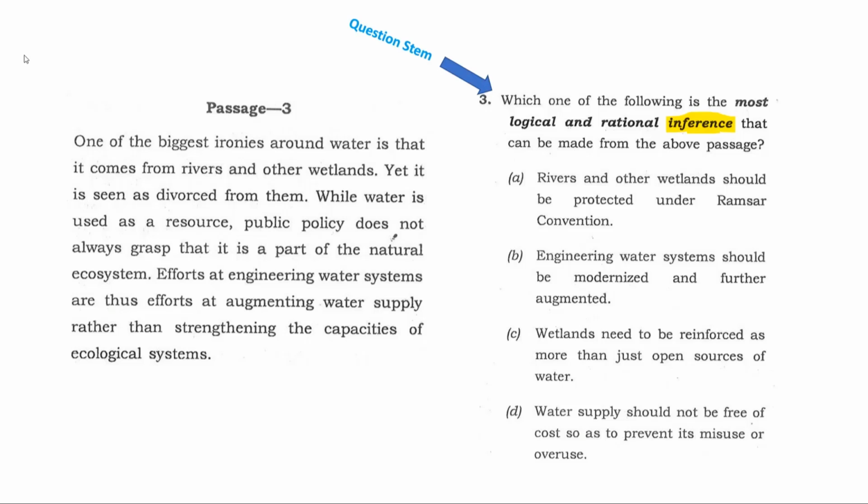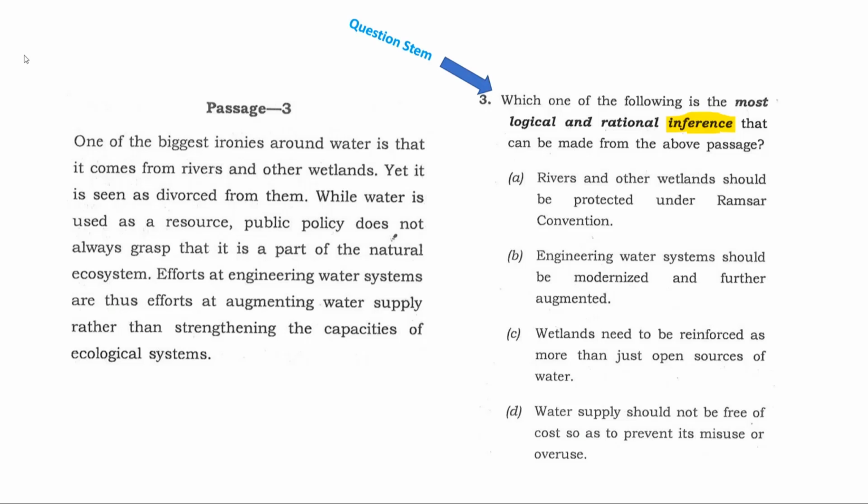Here the word inference in the question stem is highlighted. I mean, it is an inference question type. Before you read the passage, you must know the type of the question you are solving.